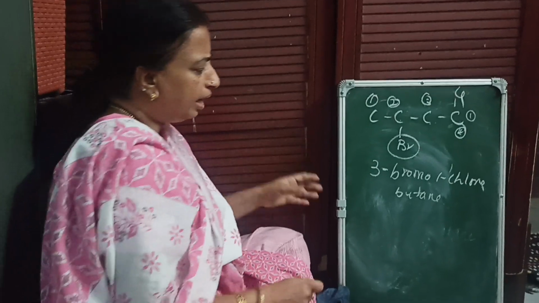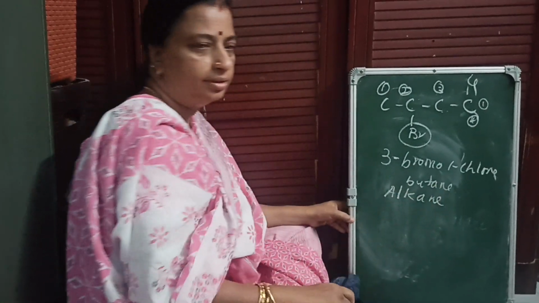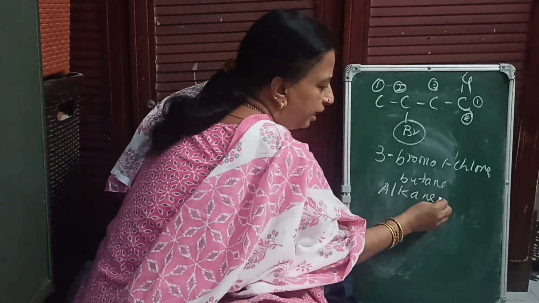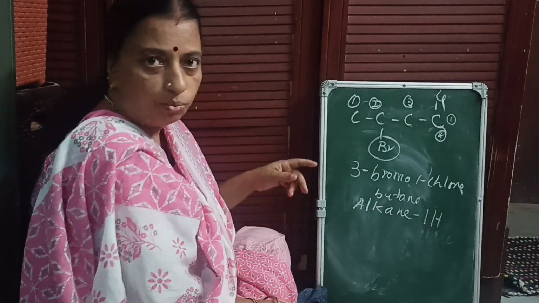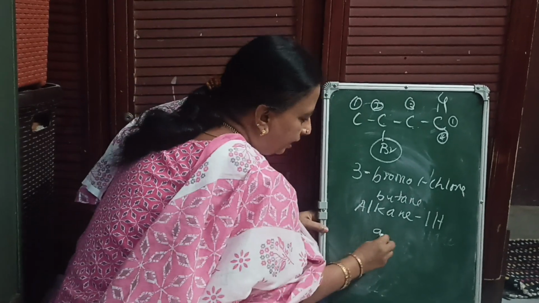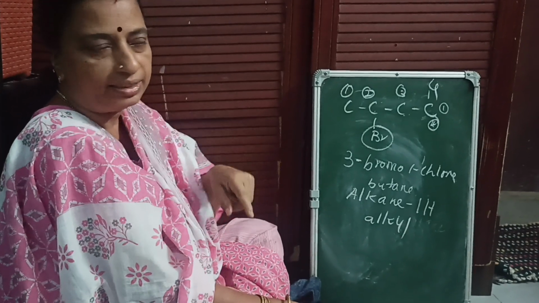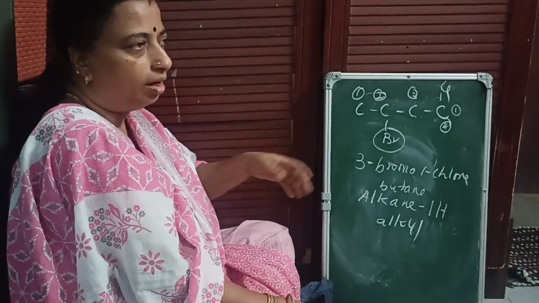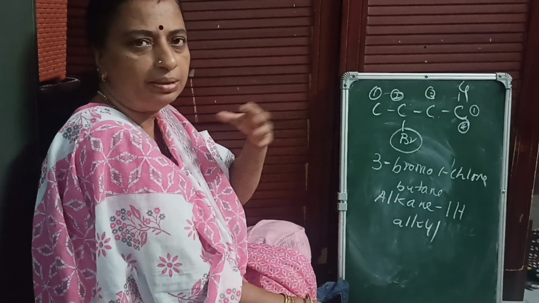So alkane means all single bond. Alkane minus 1 hydrogen atom is called alkyl. Instead of that 1 hydrogen atom, some alcohol, ether, ketone, aldehyde, acid, any group may be substituted.